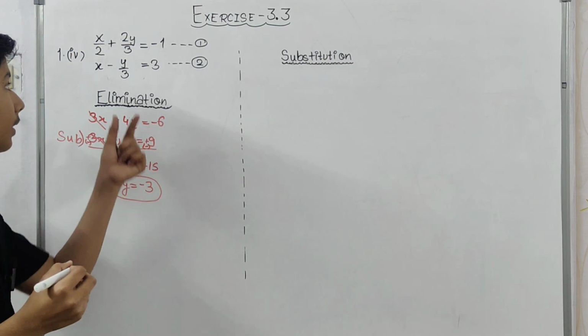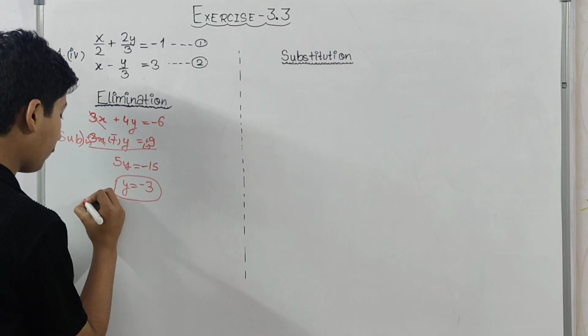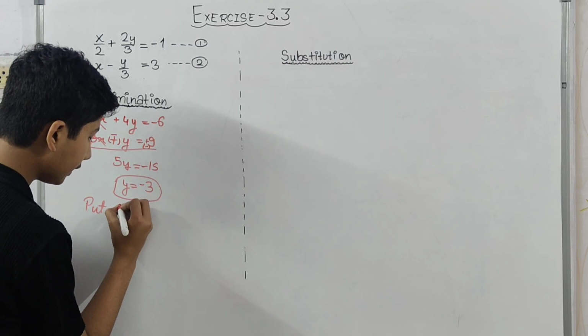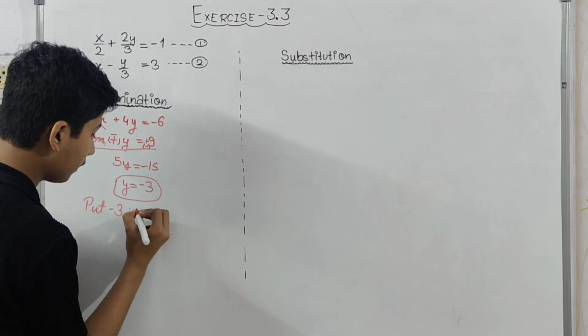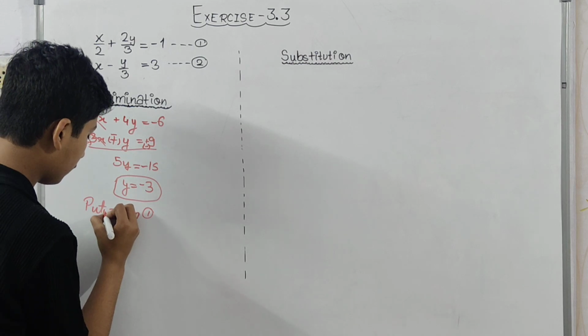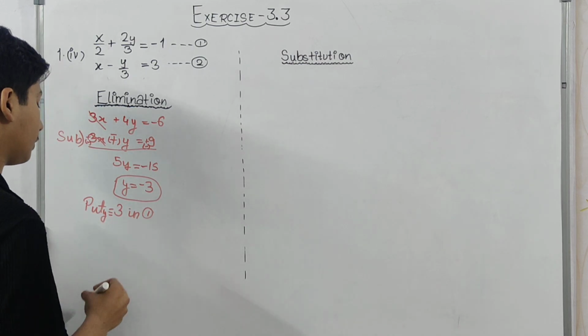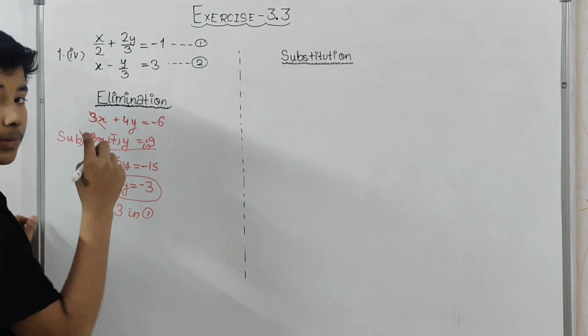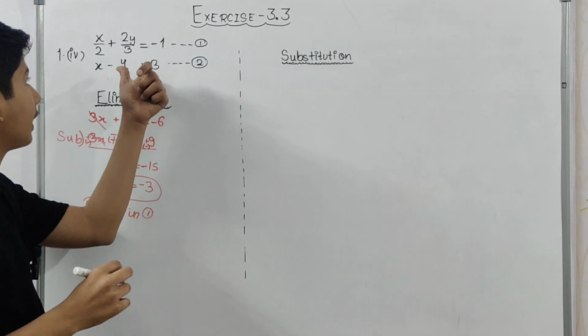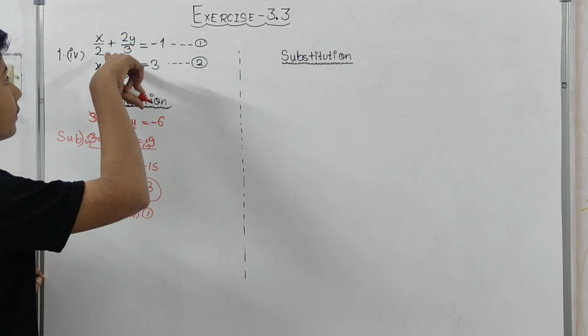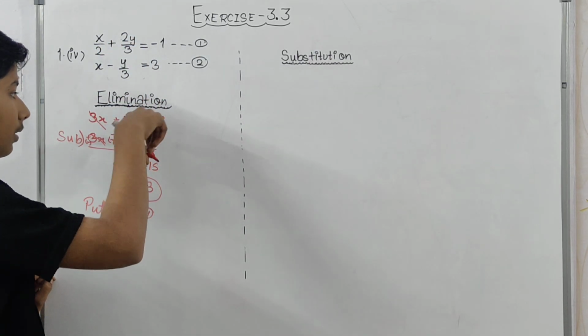If you put y equals minus 3 in the first. So in the first one, we will get y equals minus 3.